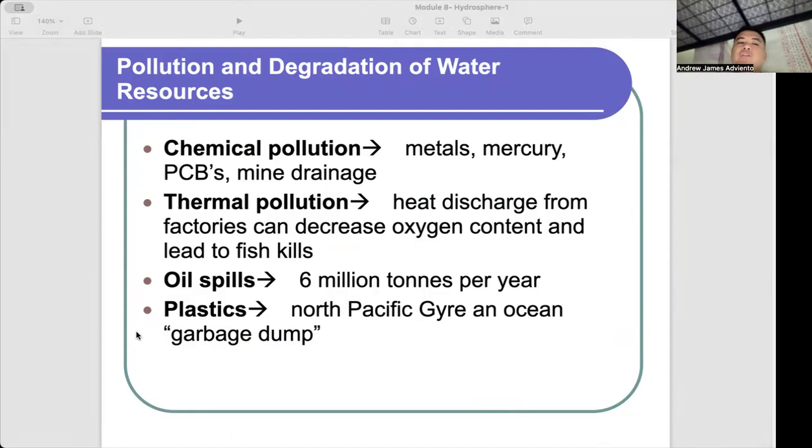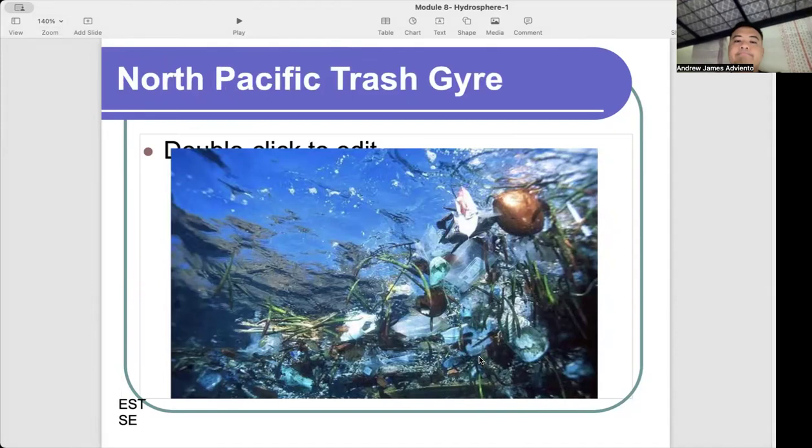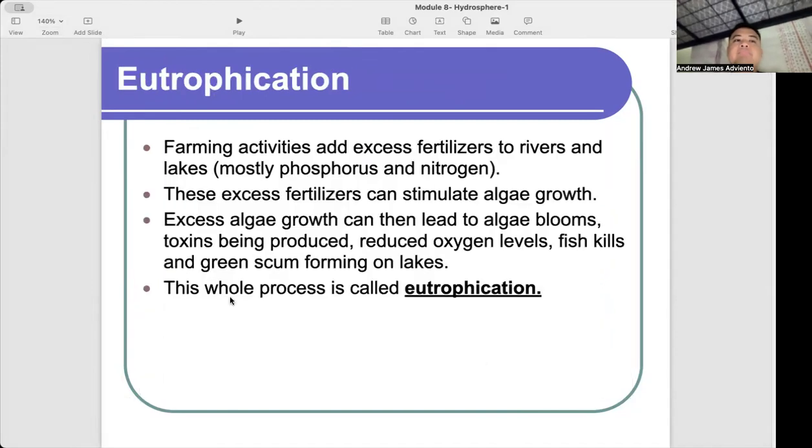Okay, for the water pollution and degradation, this is a very serious issue. We have different kinds of pollution, like chemical pollution from metals and toxins, thermal pollution, where heat reduces oxygen, oil spills, and even plastic pollution. What is eutrophication?